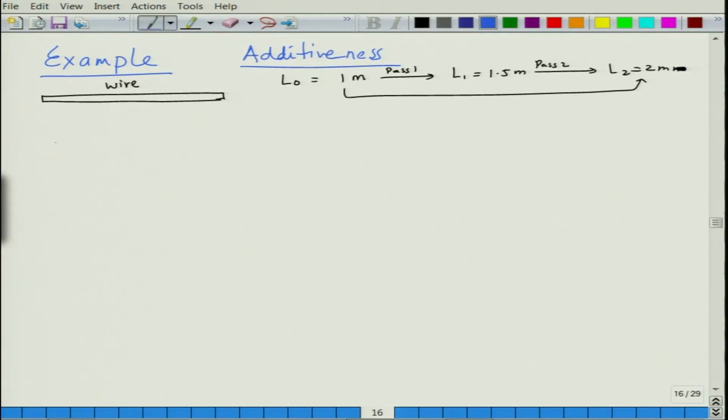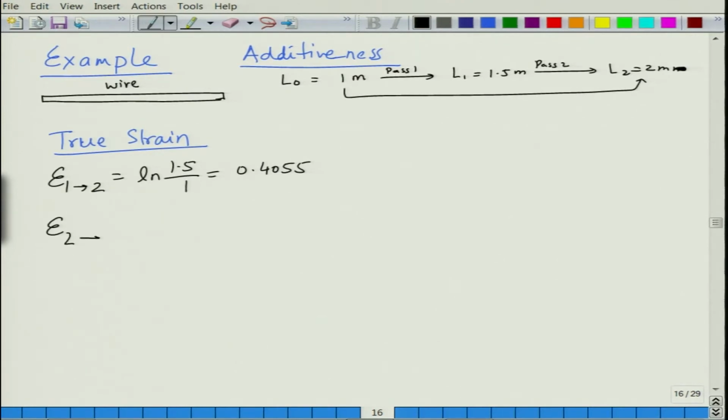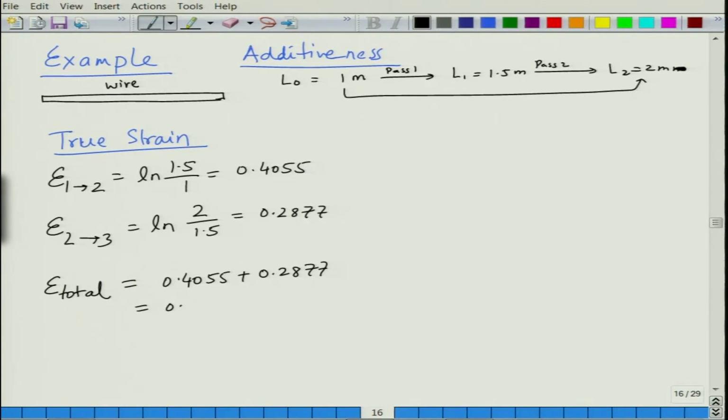So, let us first look at the case of true strain. When we calculate epsilon 1 to 2, it is ln of 1.5 divided by 1, which is 0.4055, and then we calculate epsilon 2 to 3, this is ln of 2 divided by 1.5, this is 0.2877, and as a result epsilon total will be equal to 0.4055 plus 0.2877, which is 0.6932.